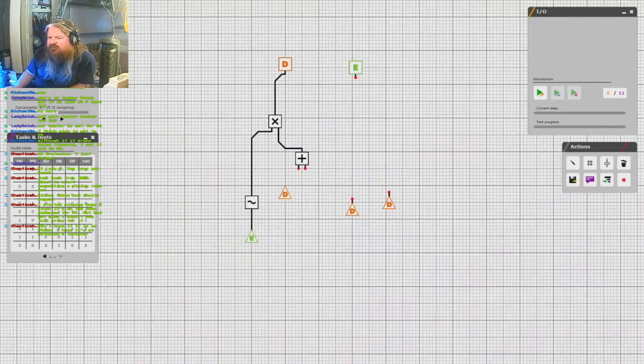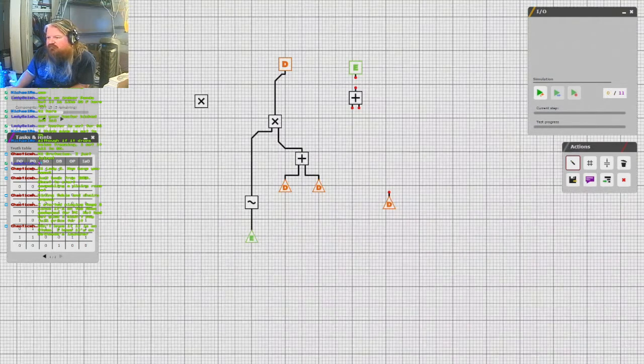Just to make this a little cleaner, let's move these around like this. Okay, so that's still the same. But what this allows me to do is I want an OR gate up here.